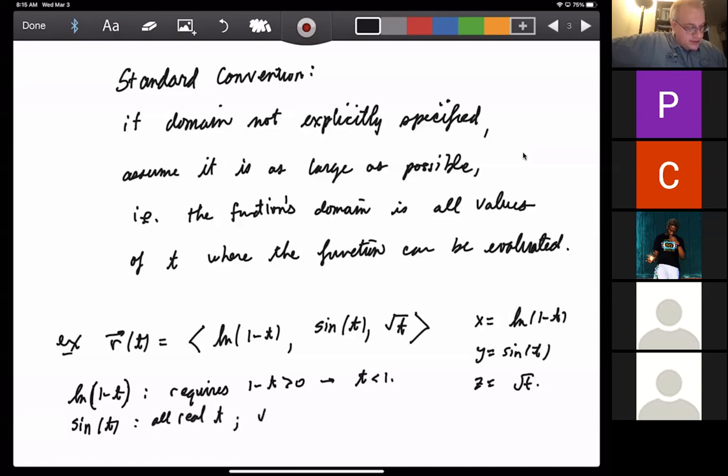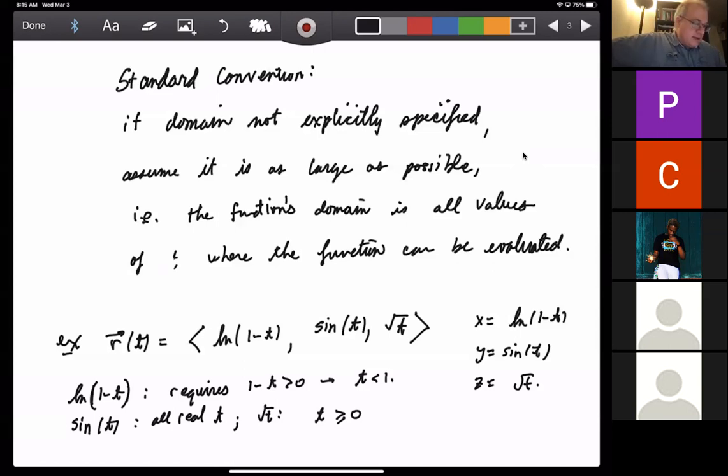And what about the square root of t? What has to be true about t there? So t's certainly going to be bigger than 0, but notice that should be bigger than or equal to 0 because the square root of 0 is 0. That in fact is defined.